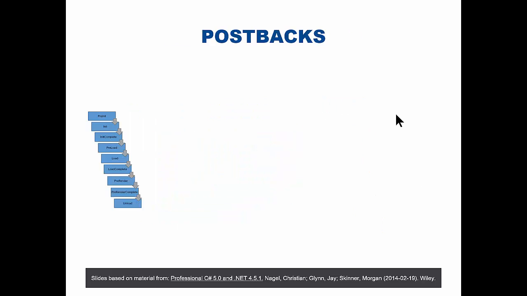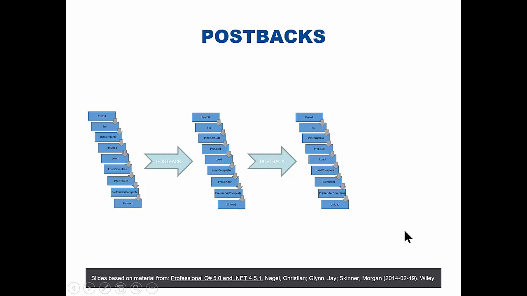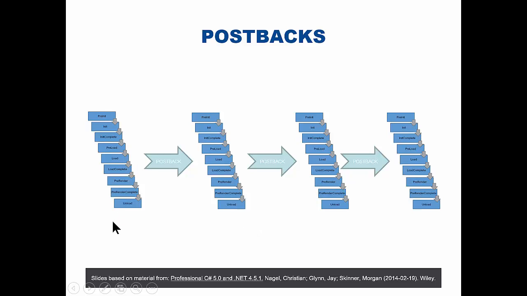So when postbacks happen, it's like the page gets built and then thrown away every time a postback occurs. And so over the course of the time your user is interacting with a web form application, it kind of looks like this. A page gets created, they click a button, it comes back for a postback, the page gets created at the server, served up, and then destroyed. Then the user clicks on something else, and it just keeps going through this cycle.